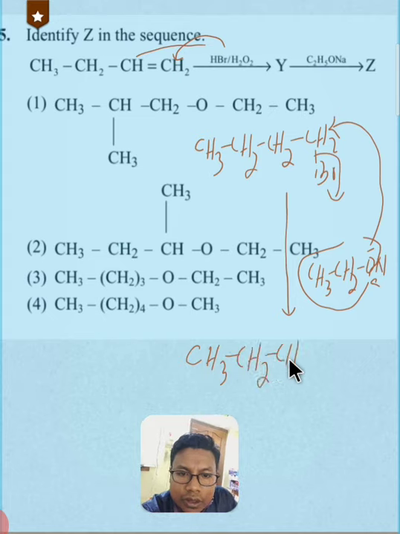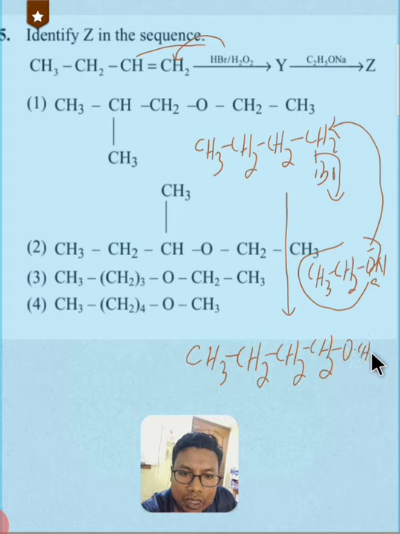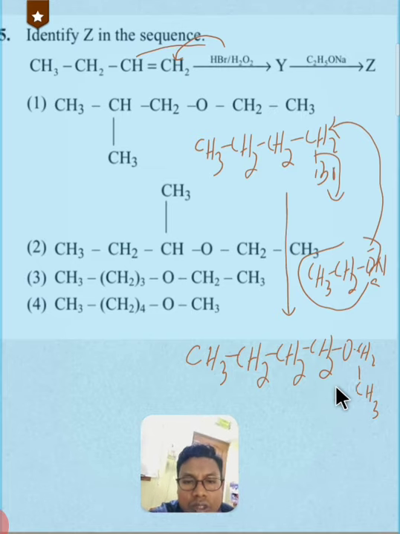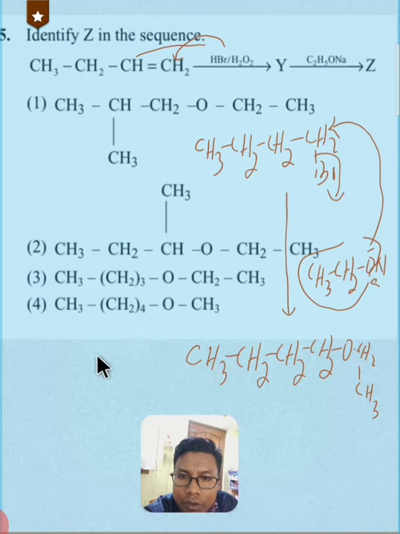CH2, CH2, and CH2. To this CH2, an ethoxy group will be attached, O, CH2, and CH3. This will be 1-ethoxybutane. So let us choose the correct option from here.